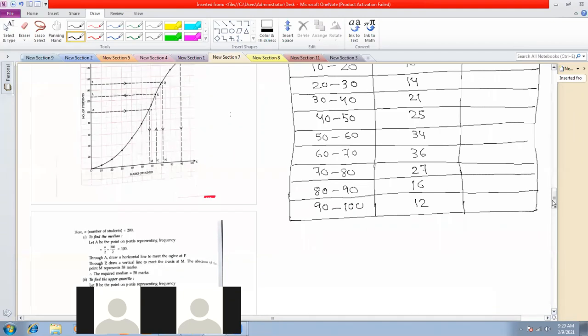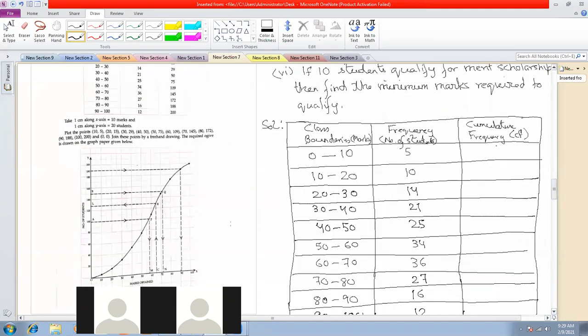Now we shall calculate the cumulative frequency. For the first one, cumulative frequency is 5. We keep it as it is. For the next one, it will be 5 plus 10, 15. Next 15 plus 14, which is 29. Next 29 plus 21, which is 50. Next 50 plus 25, which is 75. Next is 75 plus 34, which is 109.